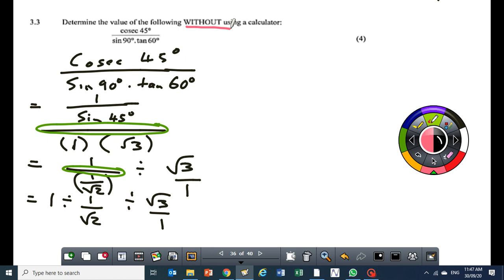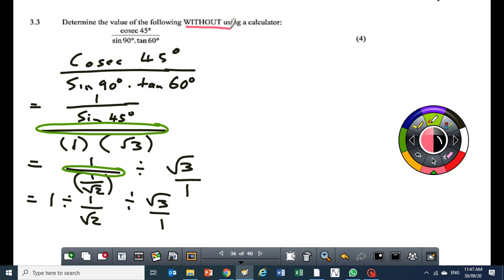All right. Then, from here, I converted the division line to a division sign. Then, because sine 45 is a fraction, it's 1 over square root of 2, I converted that division line to another division sign. Please, if you want to make things easier for yourself when you're dealing with fractions, if you have a division line, okay, if the numerator or the denominator is a fraction, convert the division line to a division sign.